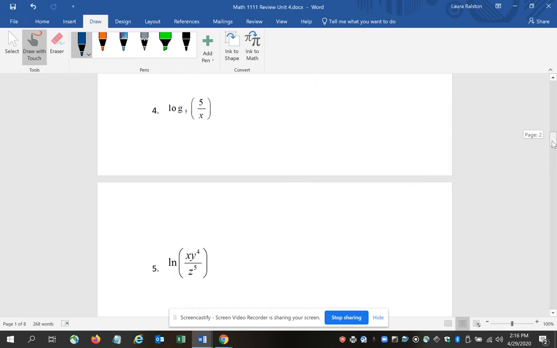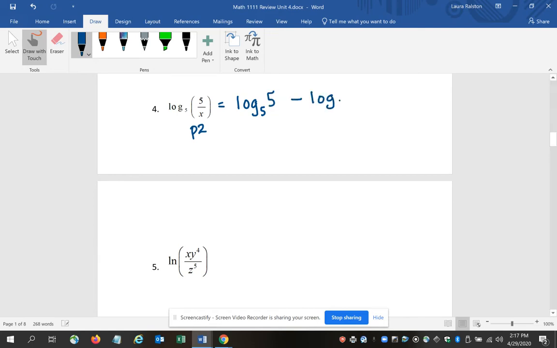The second one, number 4, we have log base 5 of 5 over x. This is division. Your argument is division. Property 2 tells us that division is rewritten as subtraction. So this becomes log base 5 of 5 minus log base 5 of x.